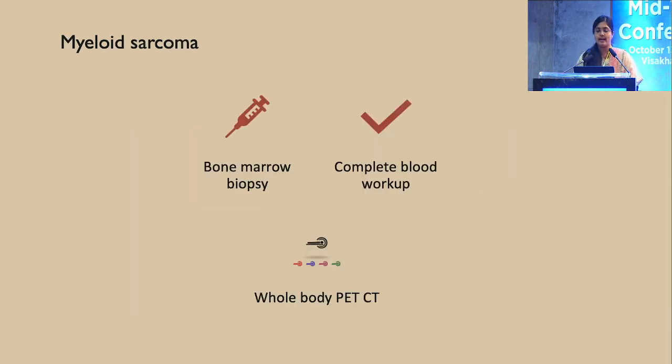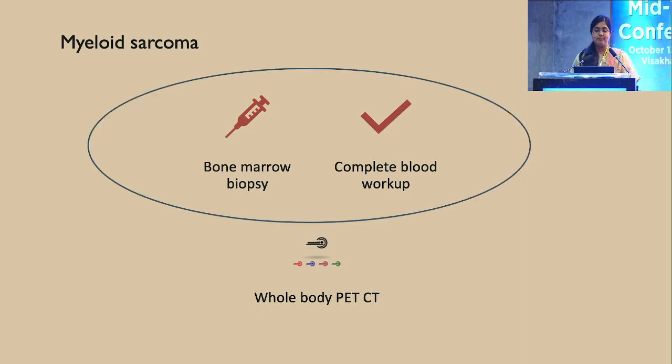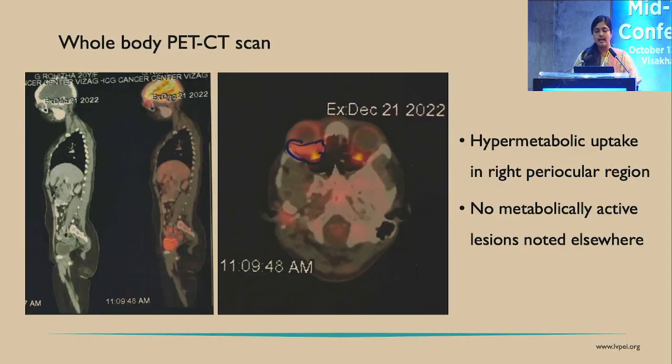So we went ahead and advised bone marrow biopsy, complete blood workup and whole body PET CT. Bone marrow biopsy and blood workup were within normal limits and PET CT showed hypometabolic uptake in the right periocular region and no other metabolically active lesion elsewhere.